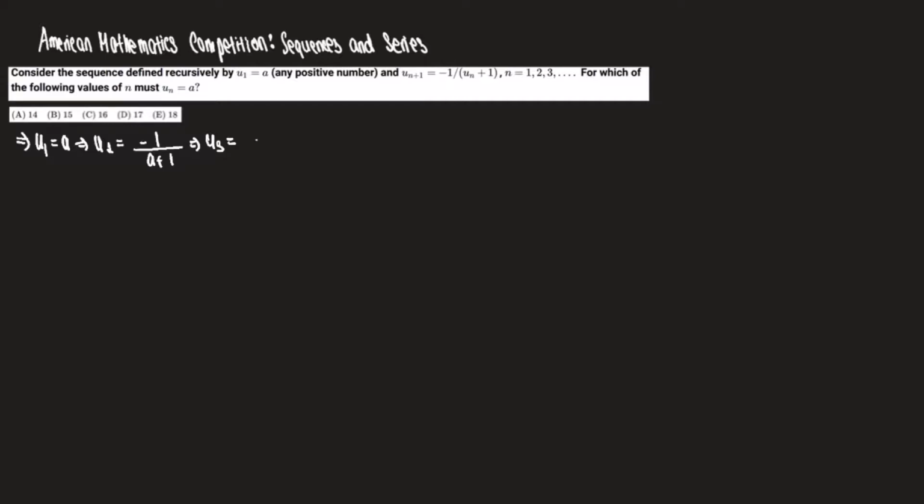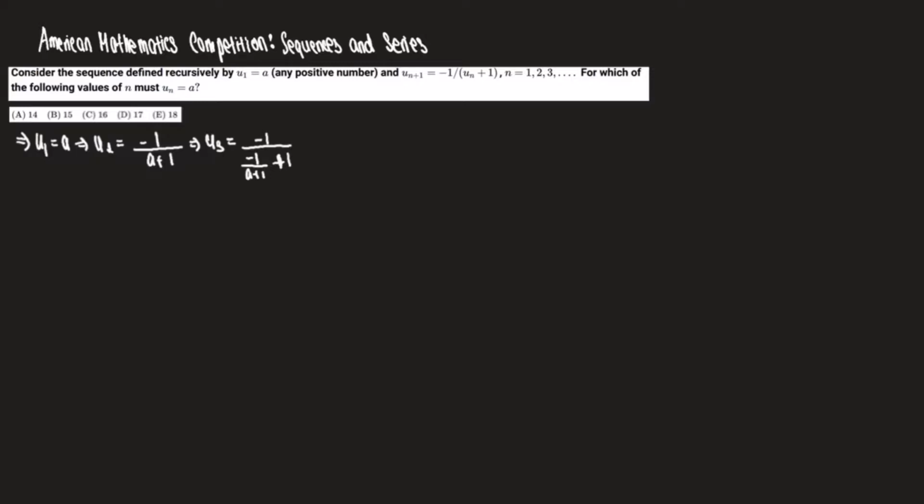u3 equals negative 1 divided by negative 1 divided by a plus 1, plus 1. So we're starting to see something here. We're starting to see that the fraction on this side repeats and it will get smaller and smaller.